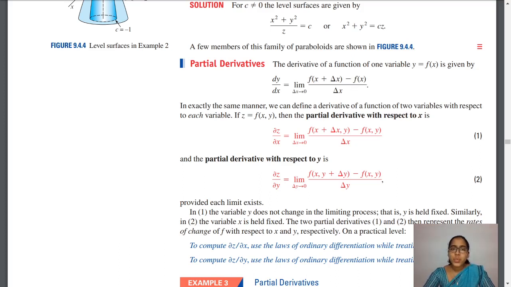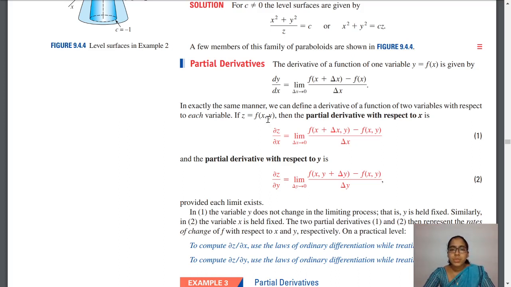When we move on to partial derivatives, we are considering functions of more than one variable. So we have to differentiate that function with respect to both the variables.